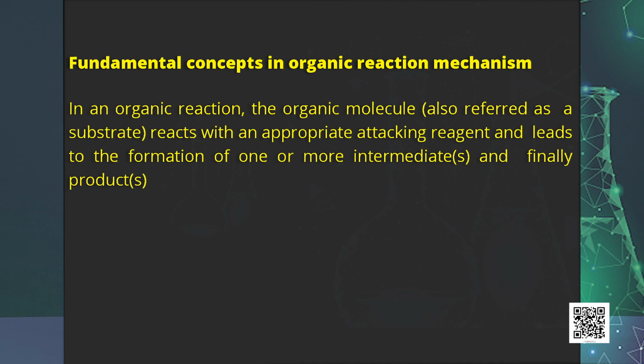Now, the next topic we are going to discuss is fundamental concepts in organic chemistry. Here we will discuss a few basic concepts that will give us an insight into organic chemistry. In an organic reaction, the reactant molecule, also known as a substrate, reacts with an appropriate attacking reagent and leads to the formation of one or more intermediates and then finally forms one product or more than one product.